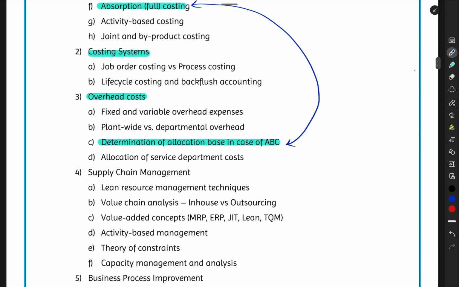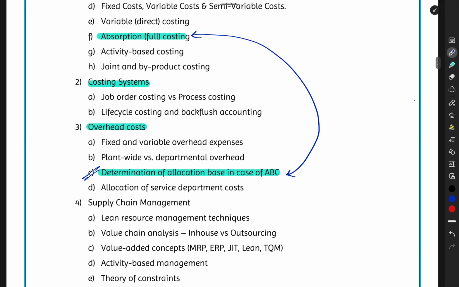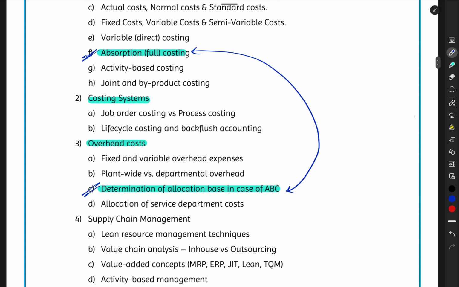I would rather first deal with this topic before going into that topic. So in the series of videos also, first we'll cover the determination of allocation base. Without knowing the base allocation, how is that base calculated, or you can call it the overhead absorption rate, OAR, you will not be able to do absorption costing. So first we will deal with this, and then we will go back to absorption costing.